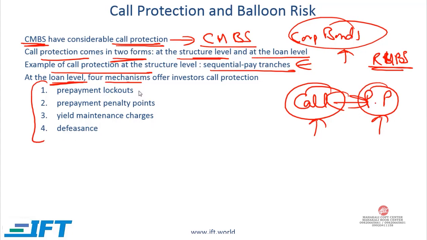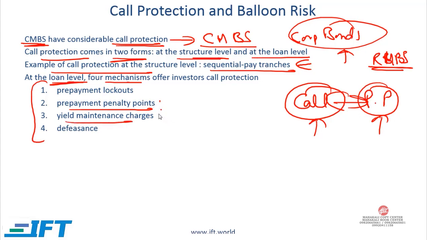When we talk about prepayment lockouts, this is simply a contractual agreement that prohibits any prepayments during a specific lockout period. Prepayment penalty points simply says that if prepayments happen, there is a certain penalty associated with that, which is measured in terms of points, and the points correspond to a certain percentage.